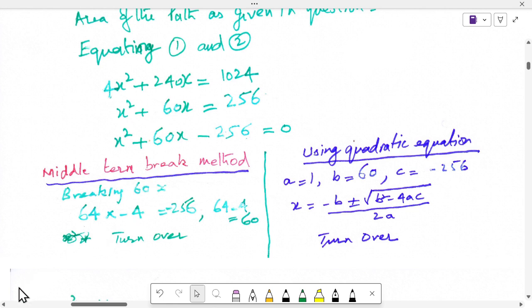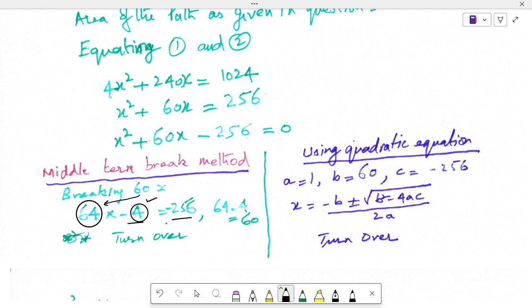So if I have to break 60 to give me 256, and 256 is negative, I will have to break 60 by going into a higher number and then subtracting the same number. The same number means the difference that I have taken. In this case, 64 has been taken as the higher number, which is 4 higher than 60, so I will have to subtract 4 from it.